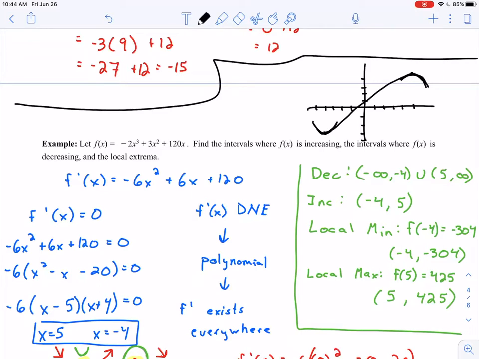So my function is decreasing, and then increasing, and then decreasing once again. This is a pretty good rough sketch of what my graph looks like. It tells me where I have my local minimum, where my local maximum is. It catches the behavior at each one of those points. So that's what I'm going to be looking for.